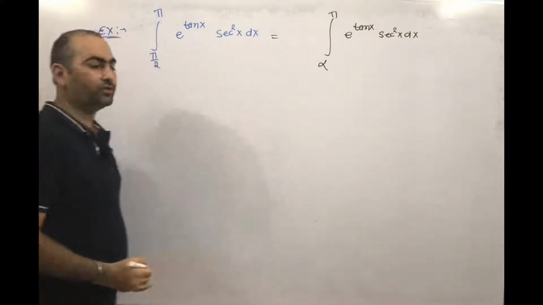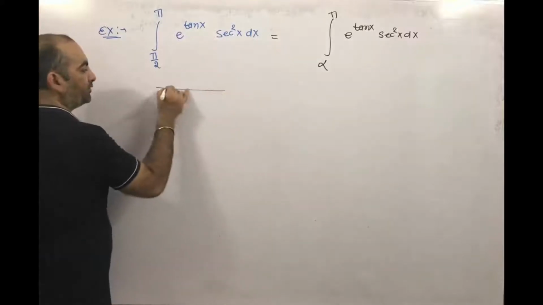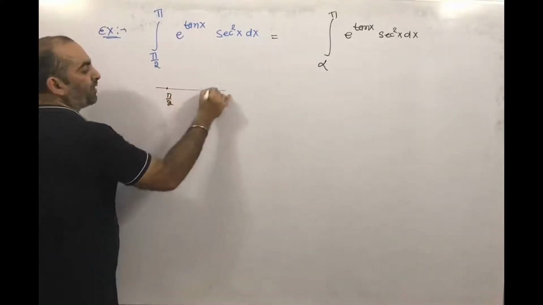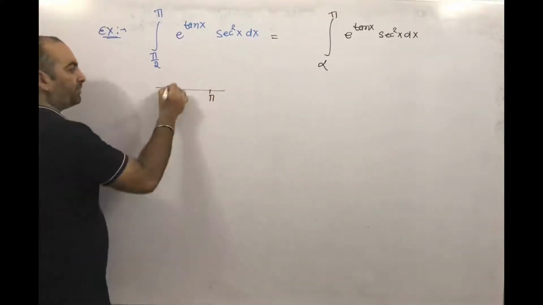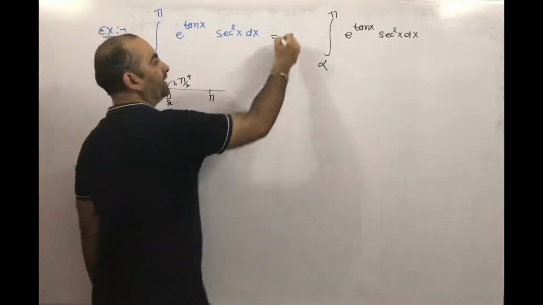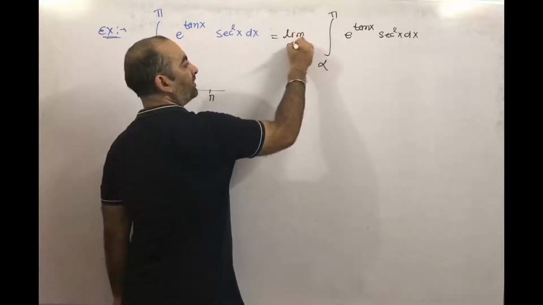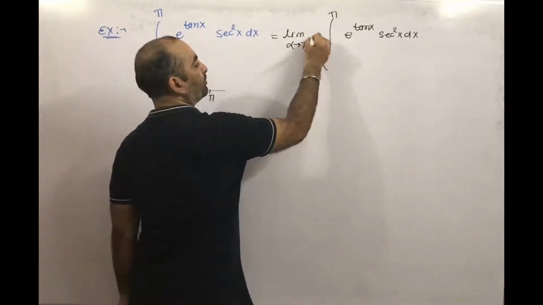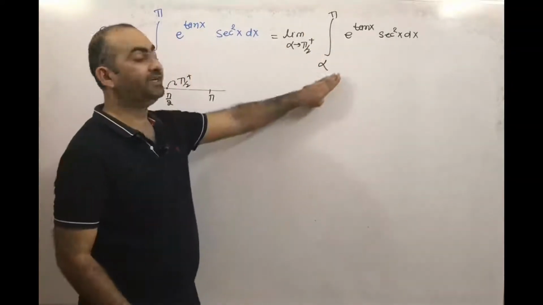This integration is from pi by 2 to pi, so we need pi by 2 plus value. So here we have to apply limit alpha tending to pi by 2 plus. Now we have to integrate this one.